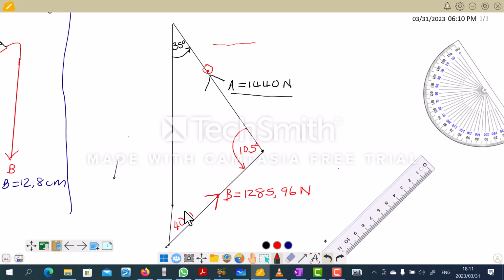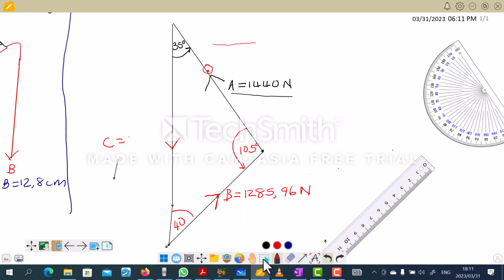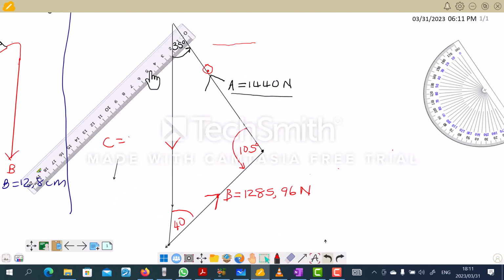You must measure it and you will see it must be 40 exactly. So this is vector C. We don't know the magnitude of that vector. So let us measure it and see what we get. Forgive me for not having a straight line. Next time I will try to make things very accurate.